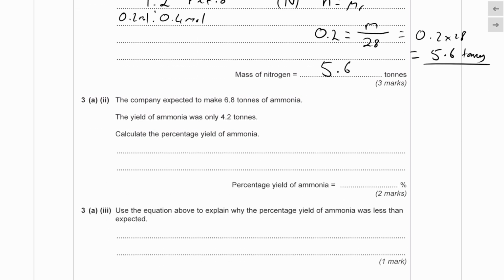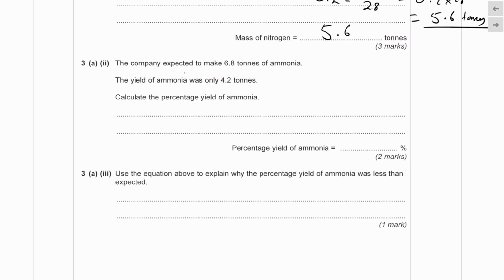All right, let's move on to the second part. The company expected to make 6.8 tons of ammonia, but they only yielded 4.2. Calculate the percentage yield. So percentage yield is equal to actual divided by theoretical amount times by 100.